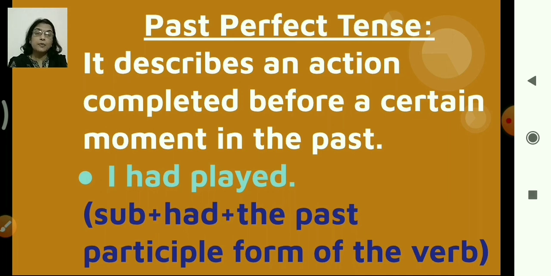Now the past perfect tense. It describes an action completed before a certain moment in the past. So it is completely done. So I had played. You have the subject plus had plus the past participle of the verb.